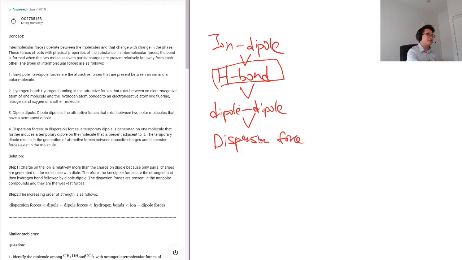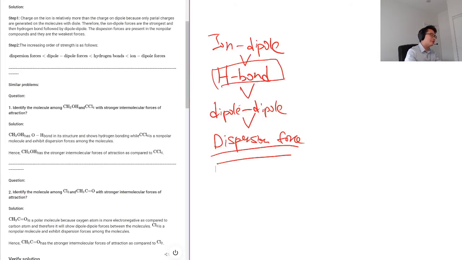So most of the time, hydrogen bonding is stronger than dipole-dipole interaction. And of course, dipole-dipole interaction is stronger than dispersion force, because dispersion force depends on chance. It doesn't always happen, and when it happens, the attraction is not that strong. So that's why it's always weaker.